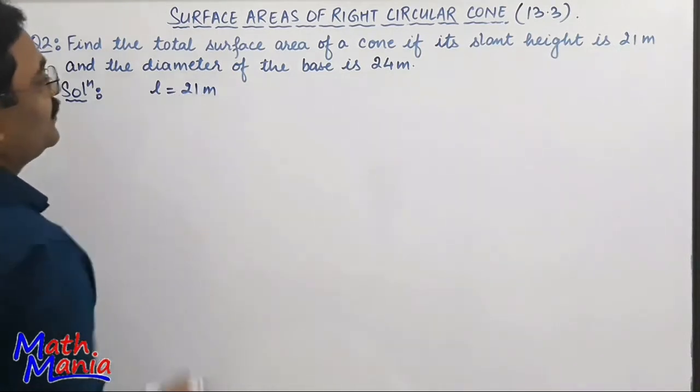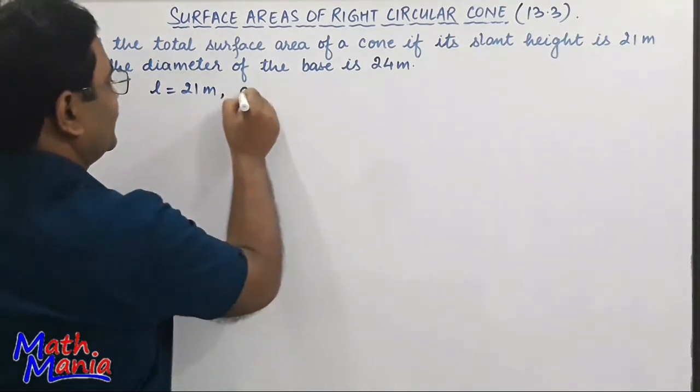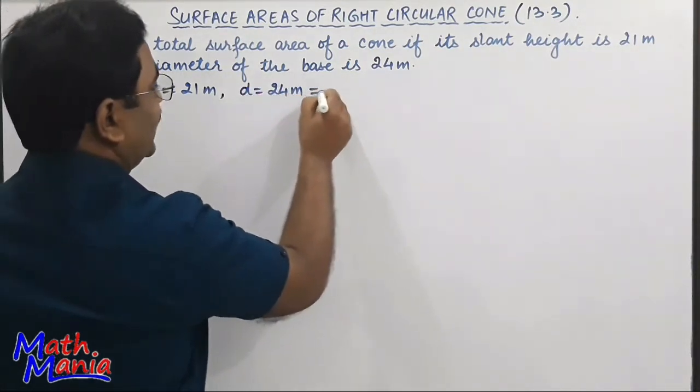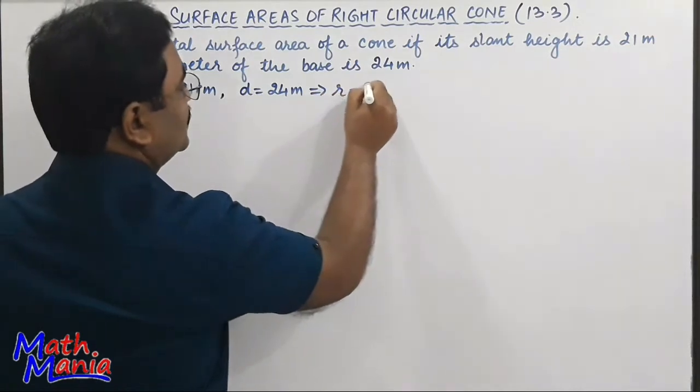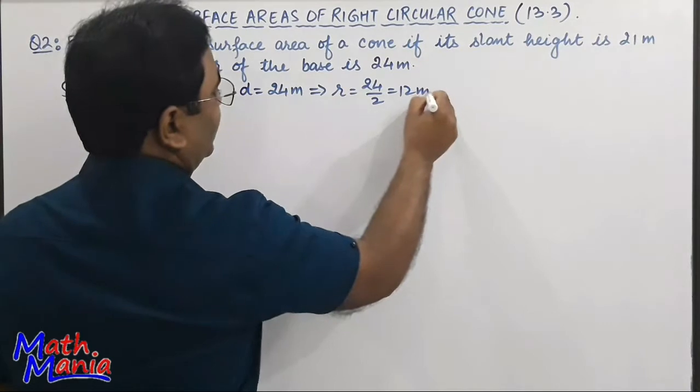After that, it is given the diameter of base is 24 meter, such that radius becomes 24 upon 2, which is 12 meter.